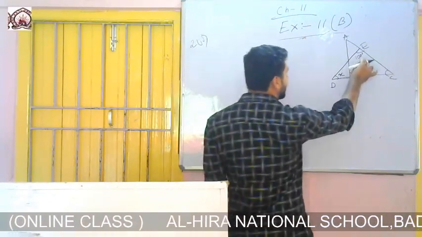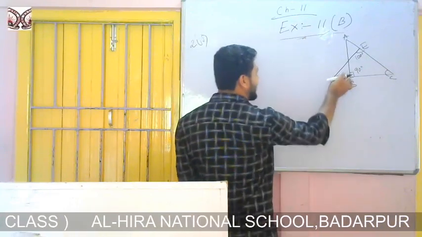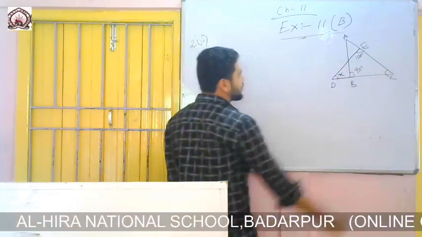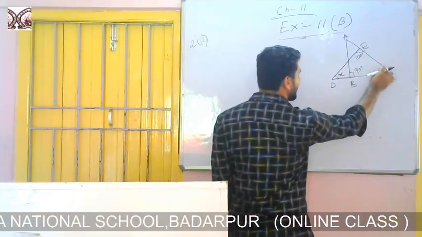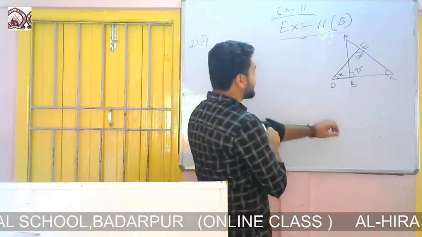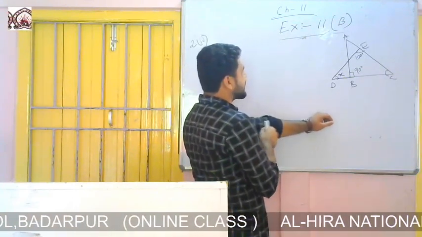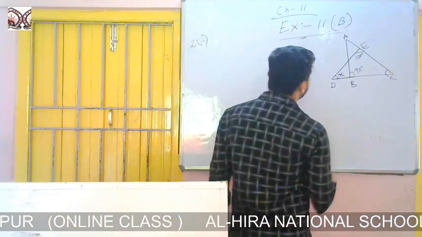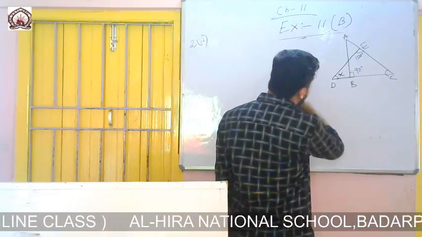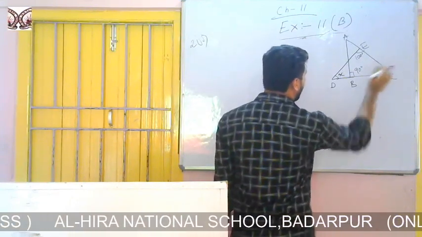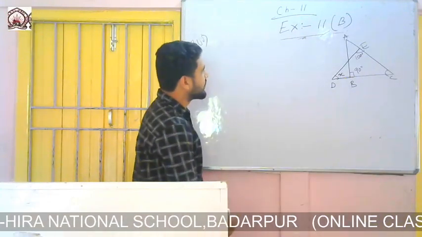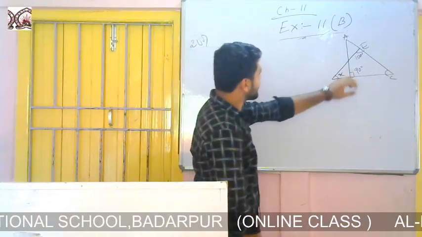How? If I add the measure of this angle and this angle, I can find this angle. So to find the measure of angle C, first we will find angle C. Okay. So you see how to solve.